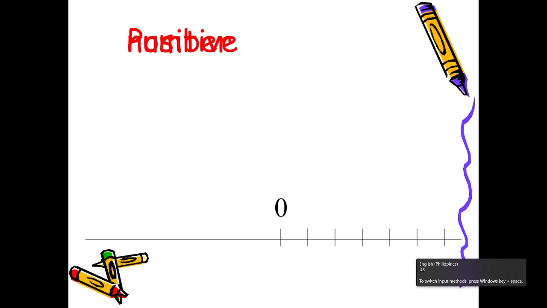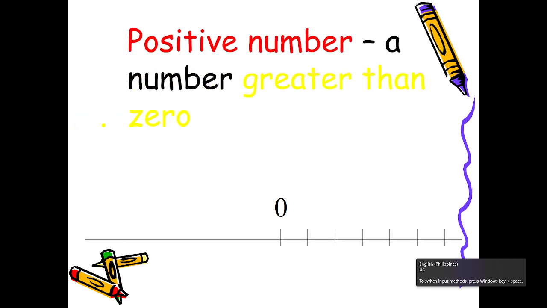So what is a positive number? A positive number is a number that is greater than 0. And on our number line, we have 0 as our point of reference. The positive numbers are to the right of 0. So you have positive 1 being the first integer.